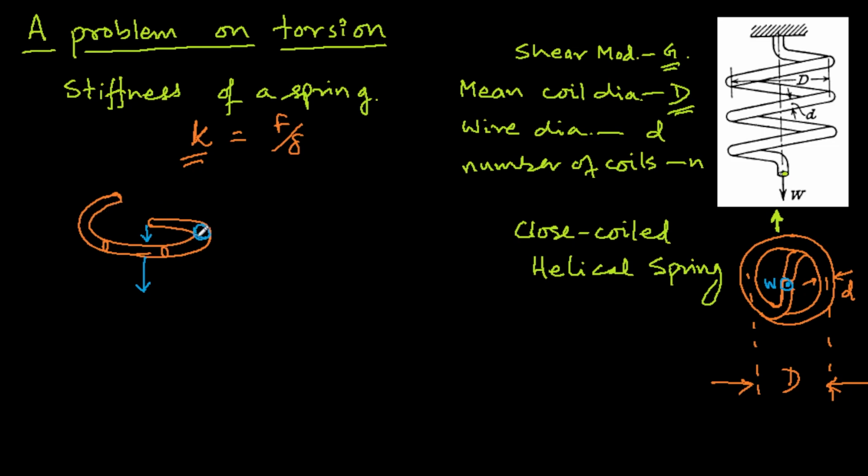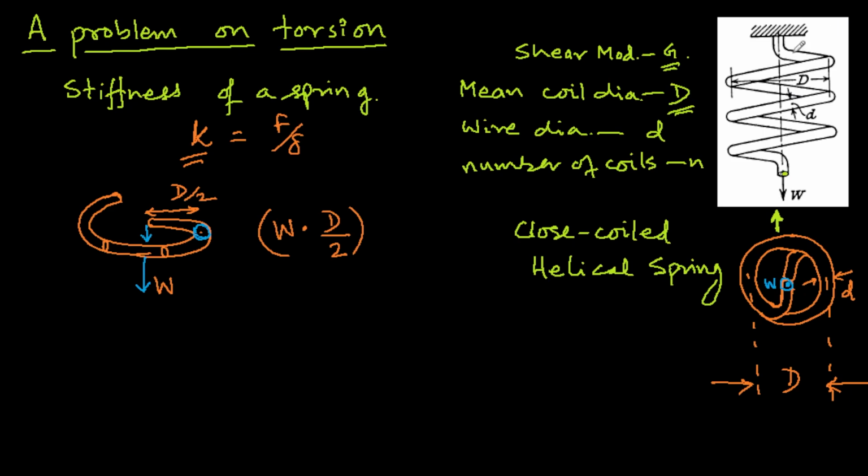Now if you consider this portion, this weight W which is getting applied, from here to here the distance is d over 2. So as if on this point, a torque of weight times d over 2 is getting applied, and that same torque gets transmitted across the complete length of the spring.